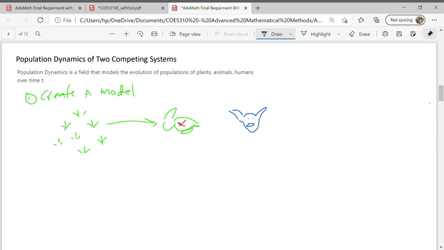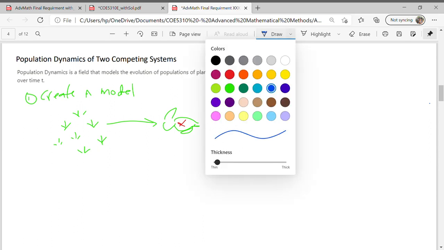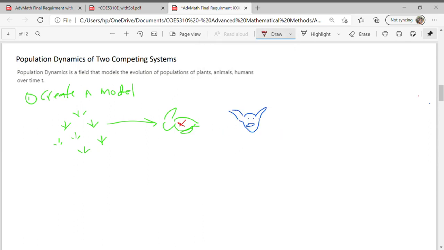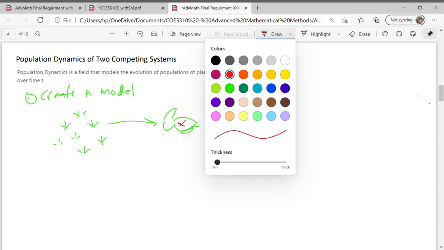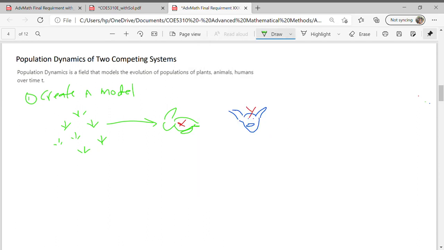Yeah, that's a fox, and name it as Y. Okay, so it preys on the rabbit.